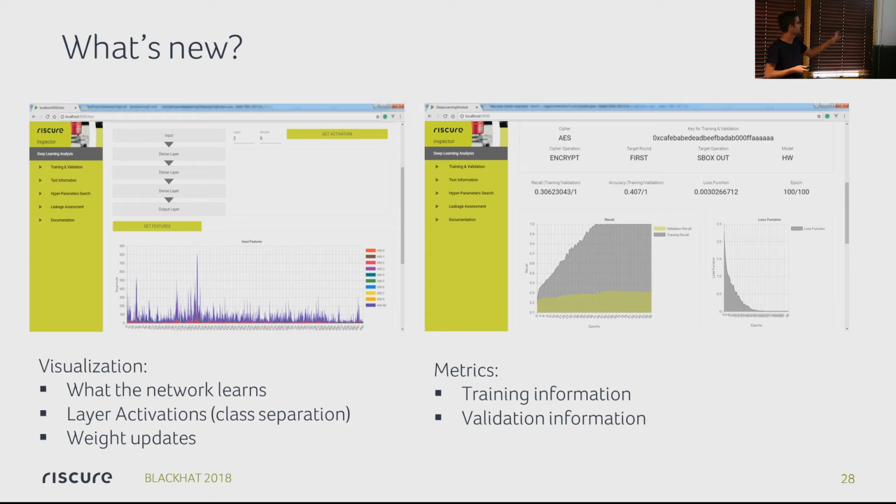And this visualization technique, where you can observe what the neural network learns, will also be integrated. So you can also see what is inside the network, like layer activations, how every layer is separating the classes, and how the weights are updated. So you can understand how backpropagation is doing the learning part to make modifications on your target.